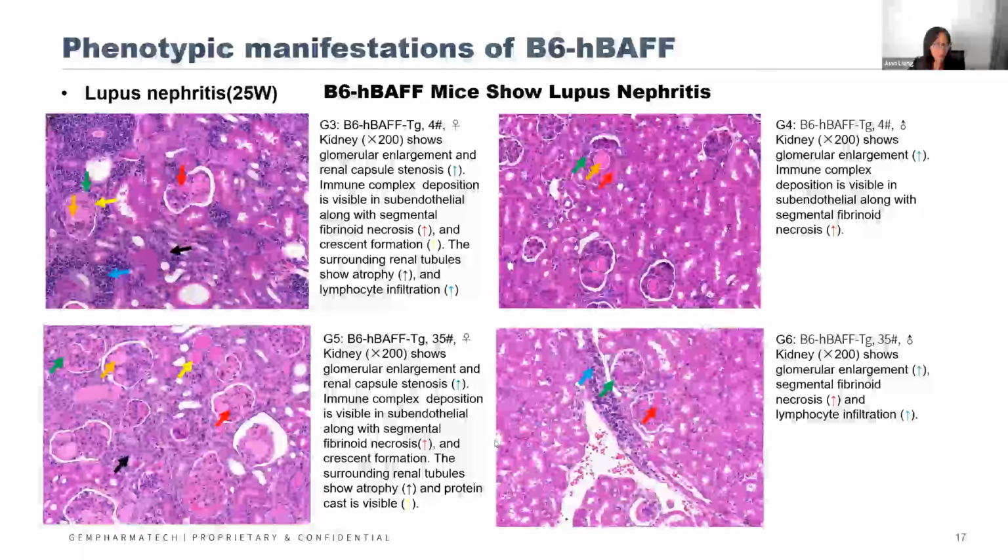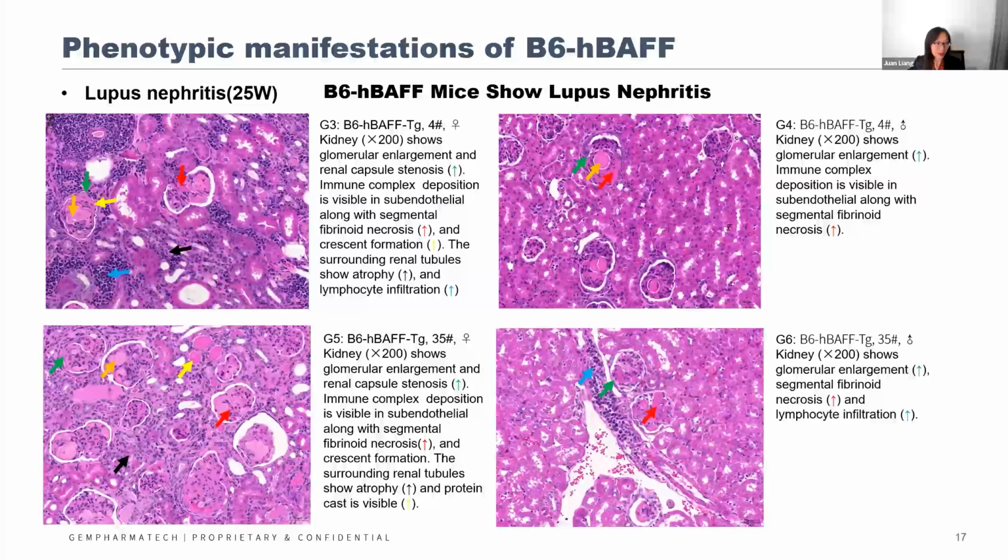And more importantly, these humanized BAFF mice develop lupus nephritis at around 25 weeks. The pathological HE study showed that the B6 BAFF mice could show glomerular enlargement, and also displayed immune complex deposition and crescent formation.